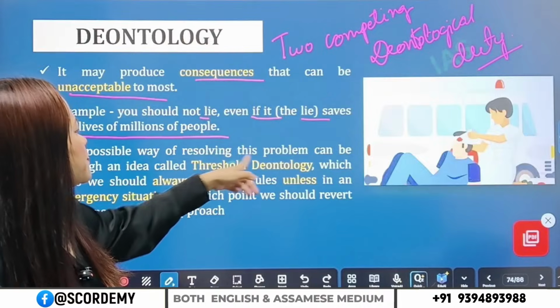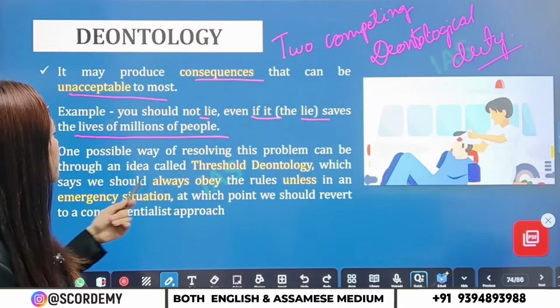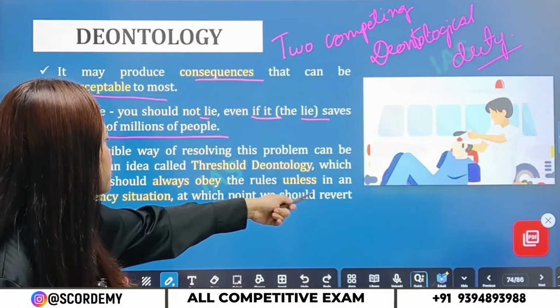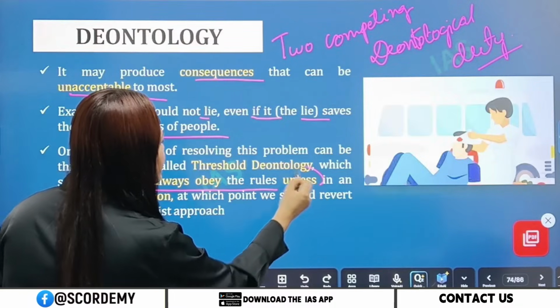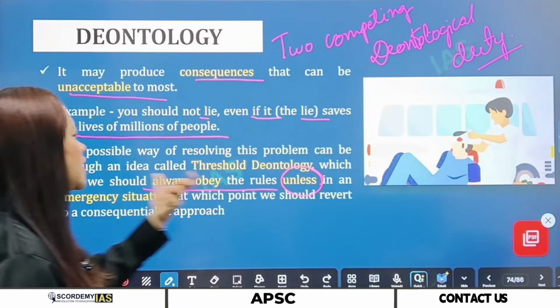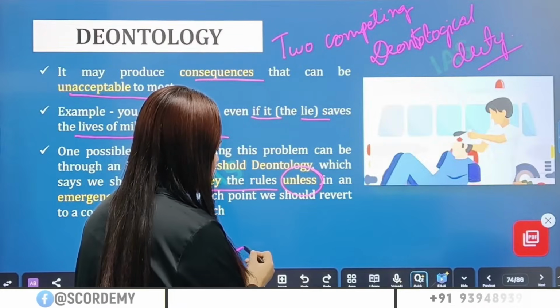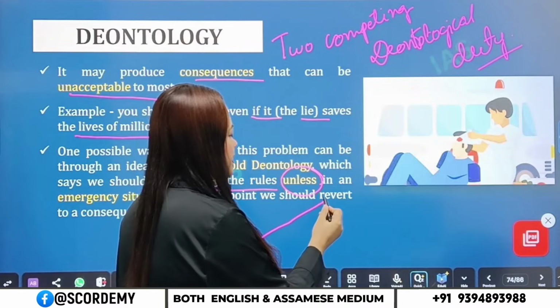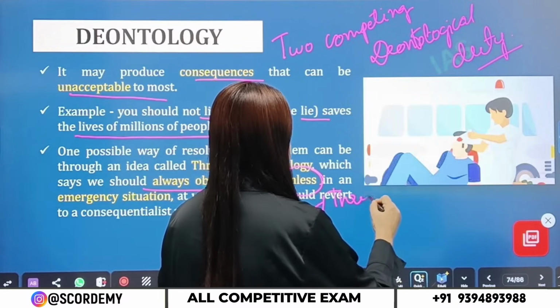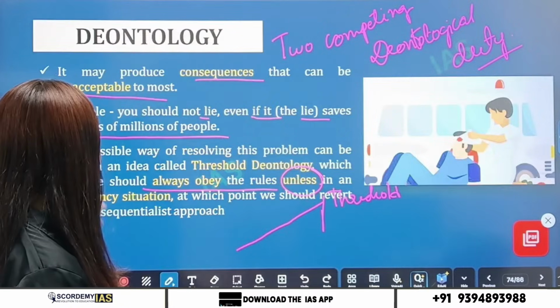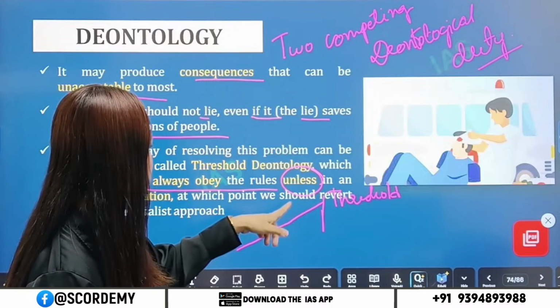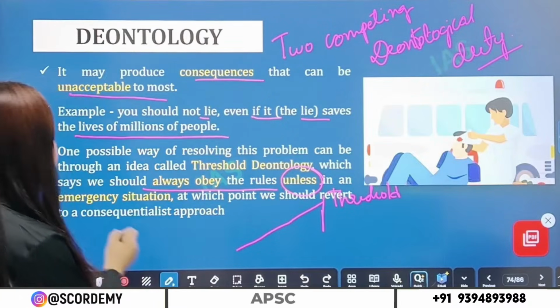One possible way of resolving this problem can be through an idea called threshold deontology, which says always obey the rules, unless there is a threshold. You have to obey the rules, but beyond a threshold, in an emergency situation, we should revert to a consequentialist approach.